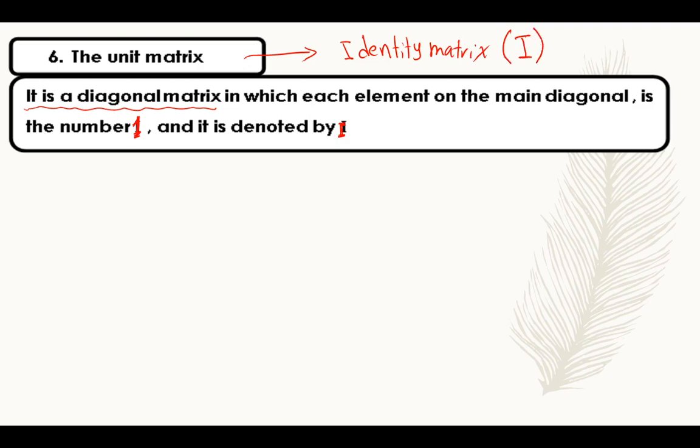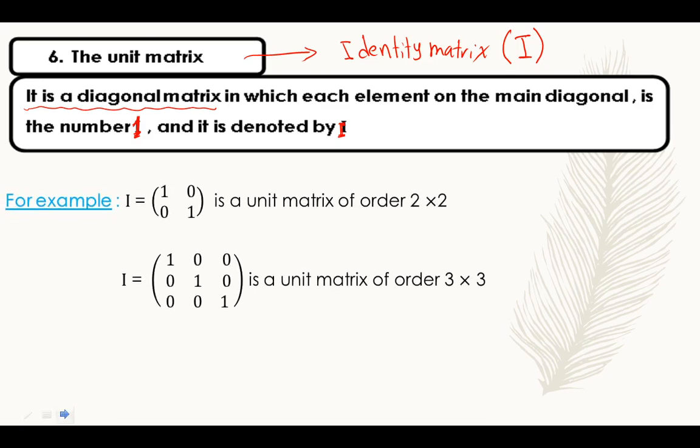For example, I with 1 0 0 1 is a unit matrix of order 2 times 2. You can see that all the elements of the matrix are zeros except the elements of the main diagonal, which equal 1. And here is another example, I is a unit matrix of order 3 times 3.